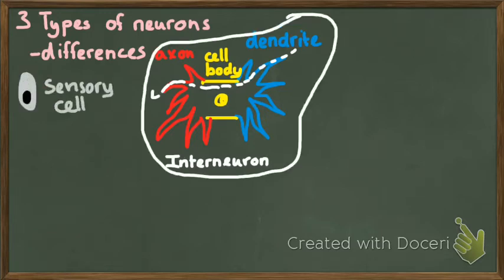Then we get to the second neuron, but first I need to explain about a sensory cell. So remember, we have sensory organs: ears, skin, tongue, eyes, and what am I forgetting? Nose. In all of these organs we have special cells which are capable of interacting with the stimuli.